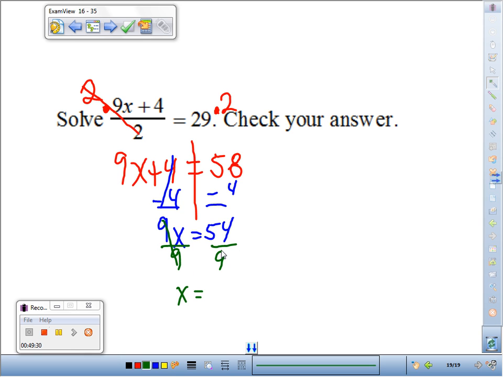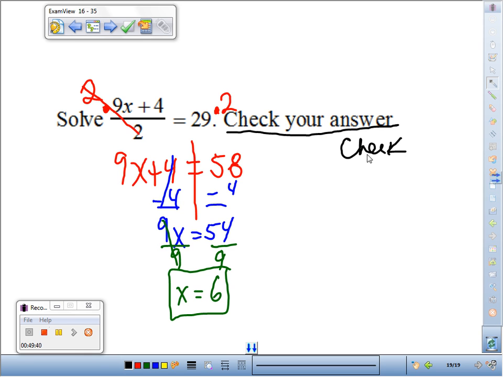X equals 6. Am I done? No, because it says to check your answer. So you're going to write check. 9x plus 4 over 2 equals 28. And now we're going to substitute the value of 6 in here.